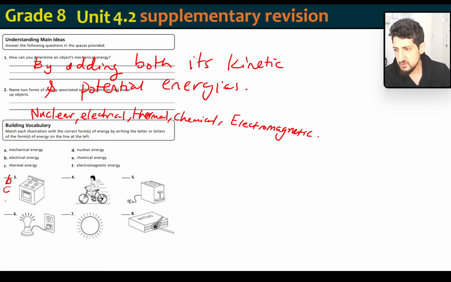Have we got chemical energy? We could have some chemical energy, especially if it's running off gas. And do we have electromagnetic energy, F? You'll see a bit of light as well, won't you? So that's F as well.